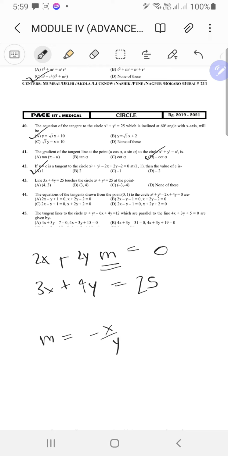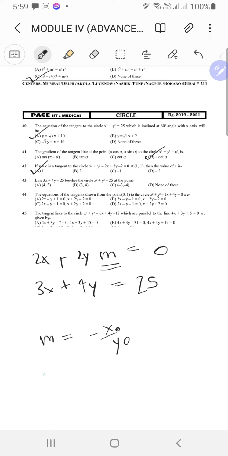Wait, this is completely different to that. Right, it's the slope, it does not mean it's the complete equation. No, actually I should say it's minus x naught upon y naught, because we are finding the slope at x naught and y naught.